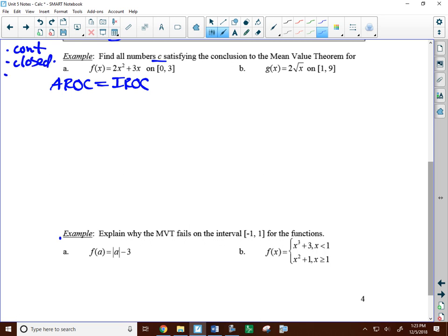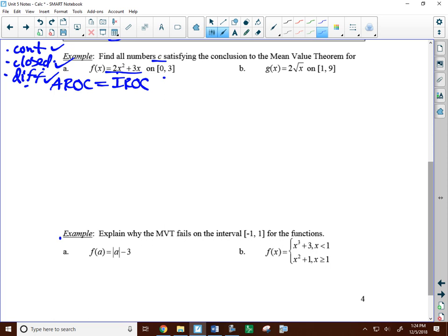First of all, is this a continuous function? Any breaks in that polynomial? No. Any polynomial is continuous everywhere. Is this on a closed interval? Yes. Is this function differentiable anywhere? Are there any corners? No, there are not. It is differentiable. So we can do this.